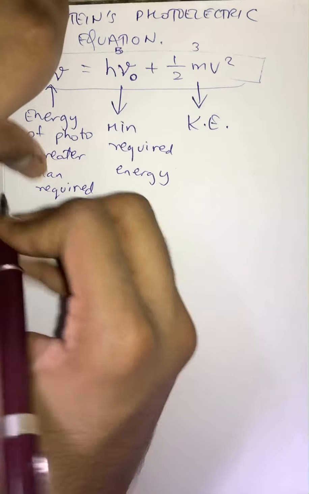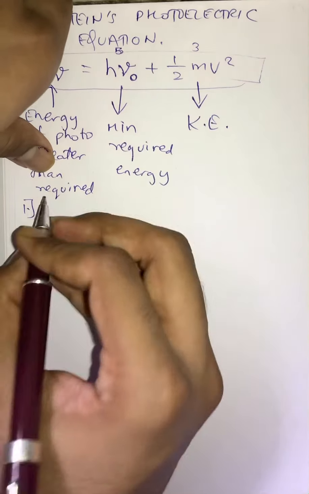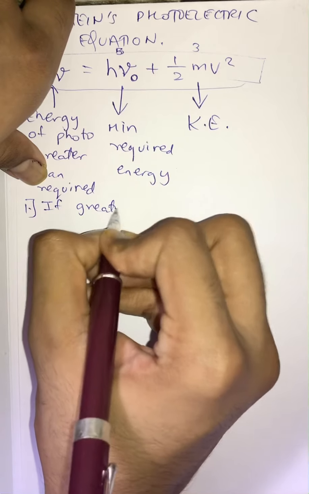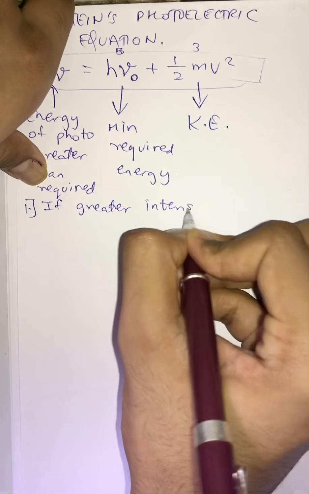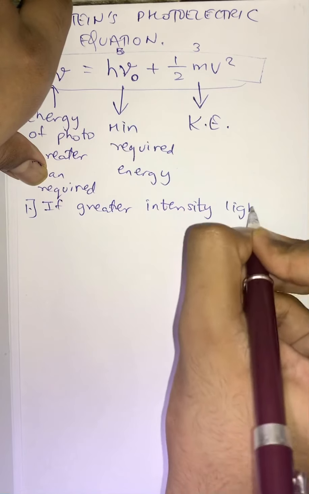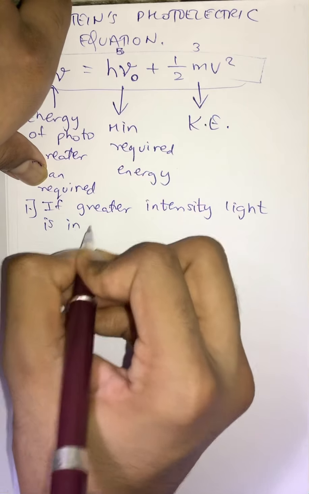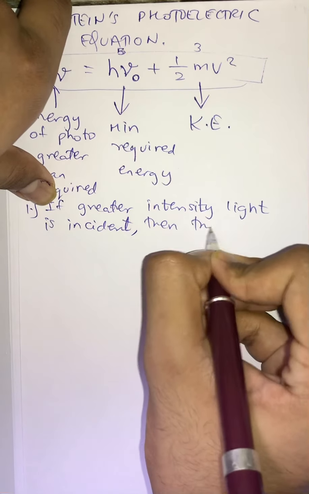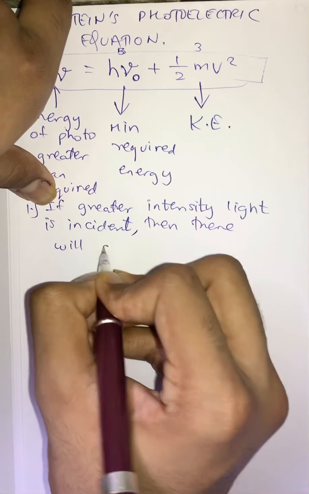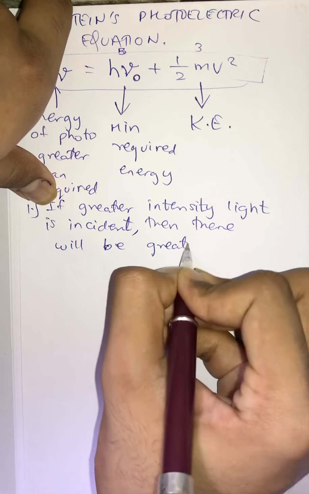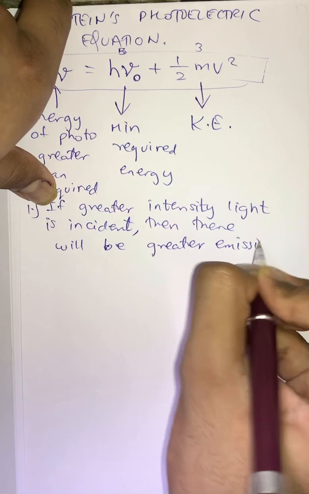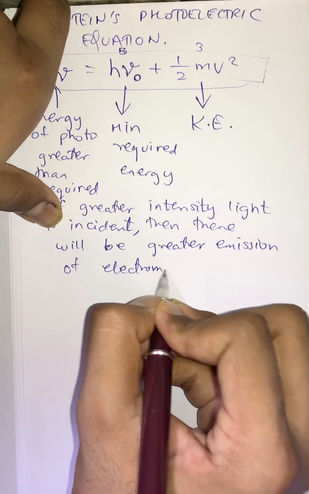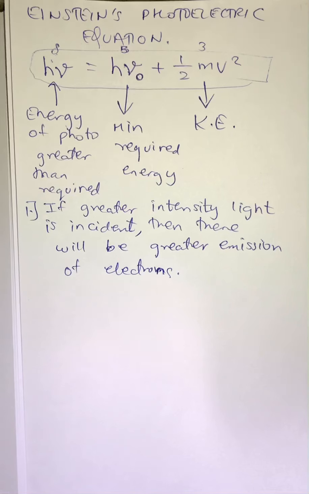The first point: if greater intensity light is incident, then there will be greater emission of electrons. Now what does this point state?